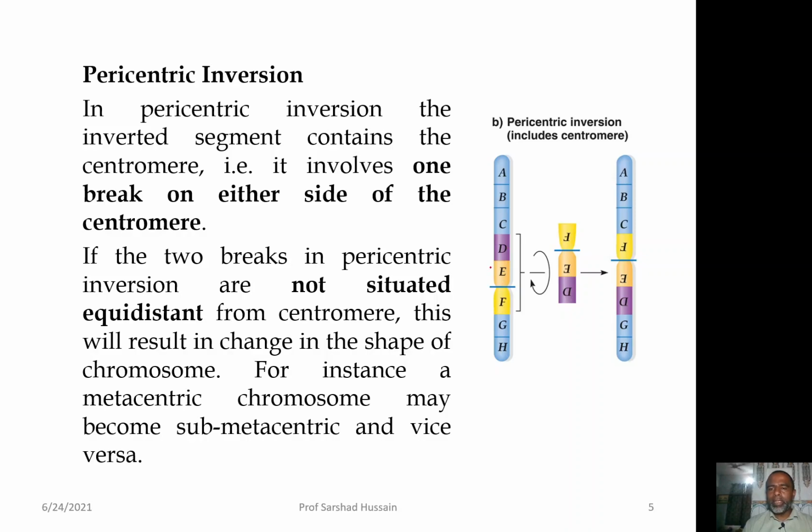Once this unequal distance is taken into account while having the break, then when this part is inverted, it will change the shape of the chromosome, because earlier the centromere was located below and the chromosome was submetacentric, but now the centromere has become right in the center of the chromosome. So, the chromosome has become a metacentric chromosome.